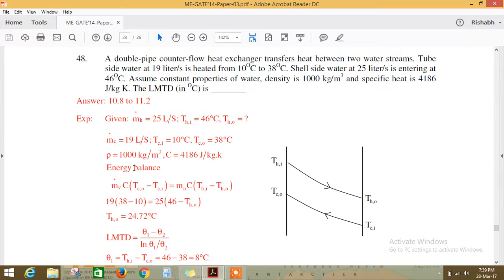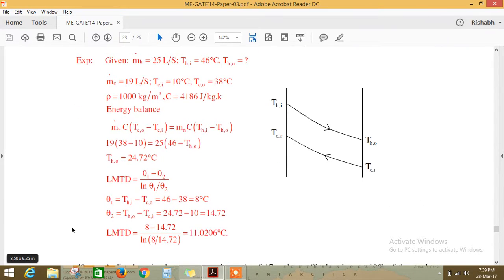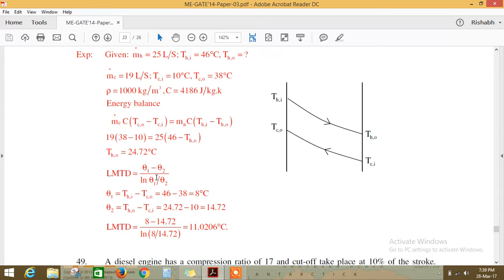So from energy balance we can easily calculate the outlet temperature of the hot fluid, and we know the formula for LMTD, which is log mean temperature difference: theta 1 minus theta 2 by ln theta 1 by theta 2. It's very easy. We get theta 1 as 8 degrees centigrade and theta 2 as 14.72. So everything is done here and we can easily calculate LMTD.